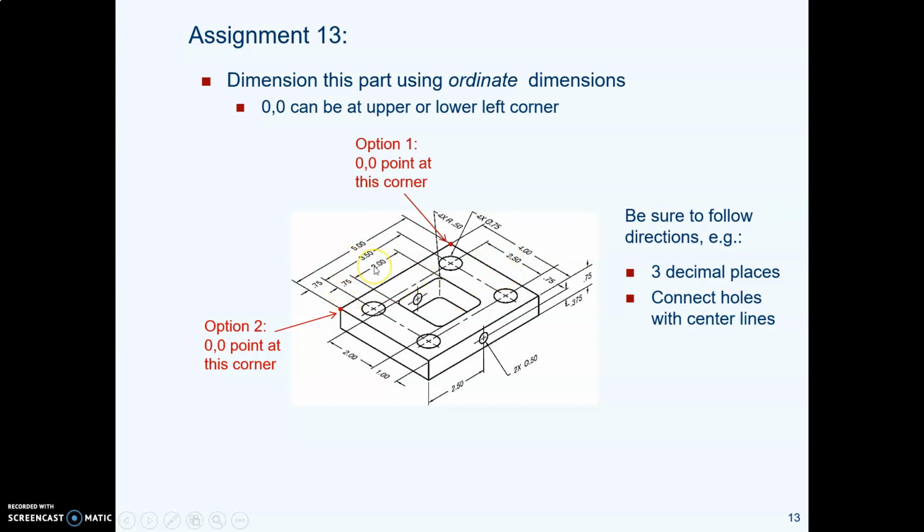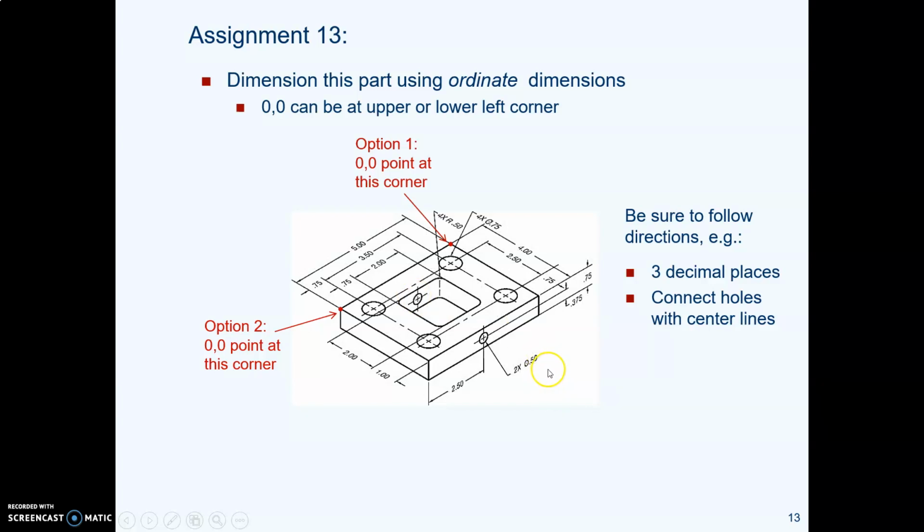These dimension things just tell you how big and where stuff is located. You are going to be dimensioning this part with ordinate dimensions. So follow the steps for setting your datum point at whatever corner you prefer, and then for using ordinate dimensions.